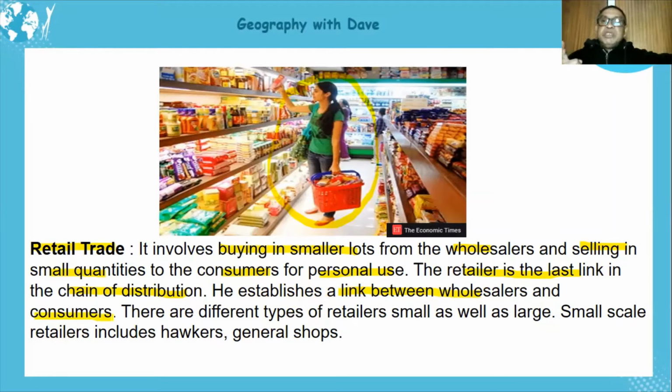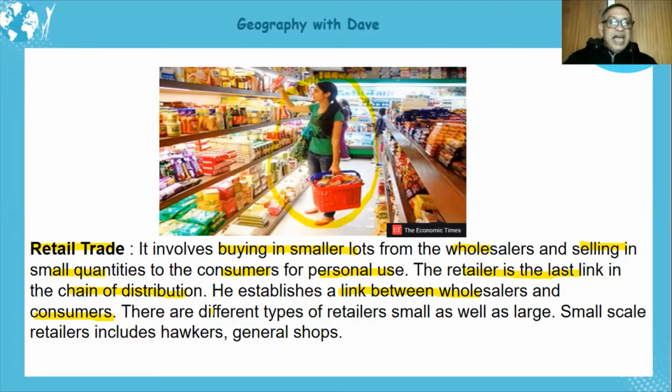You have the wholesalers who buy from the manufacturers, the factories, etc., and they supply the retailers. The retailers then form the link between the wholesalers and the personal use, whereas the wholesalers form the link between the producers, like the industries, and the retailers.